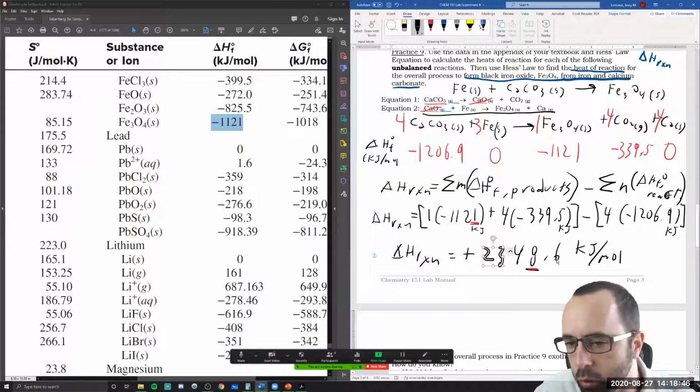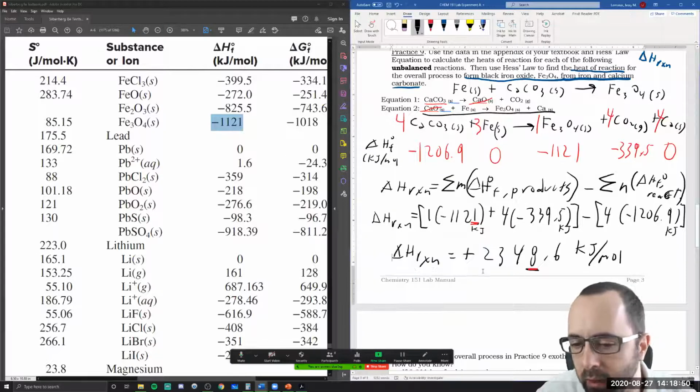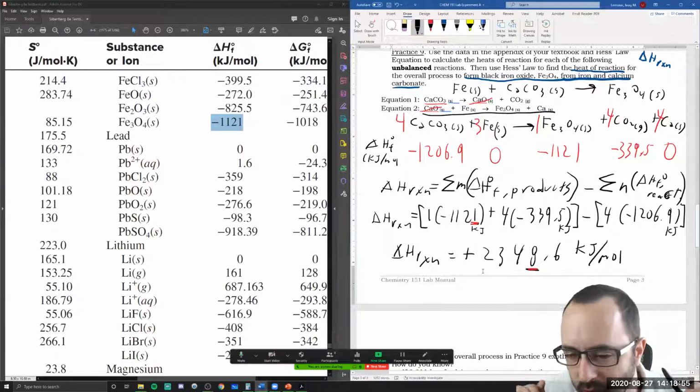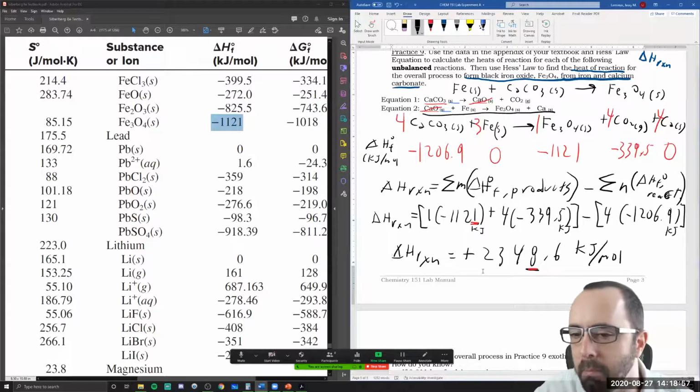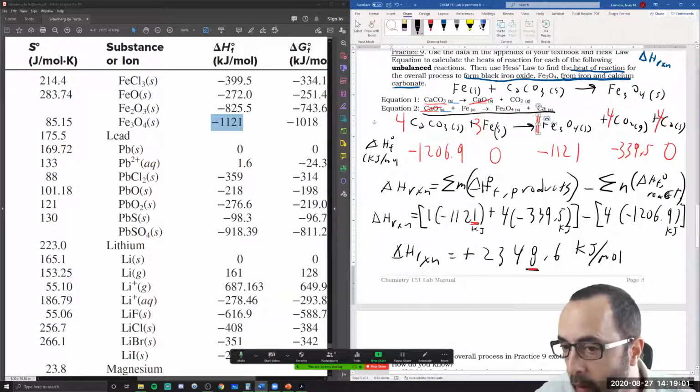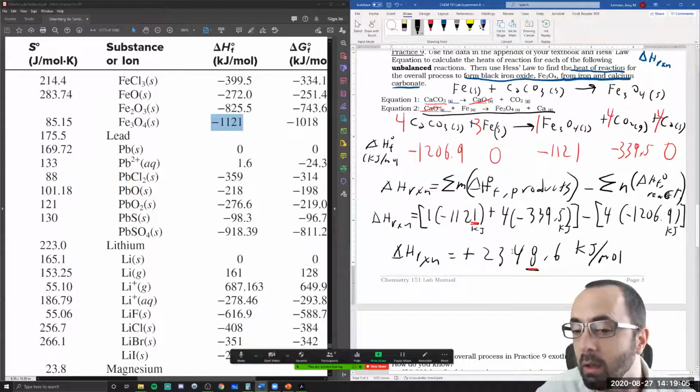2348.6 kilojoules will be absorbed. And this will be absorbed because this is a positive delta H. This indicates an endothermic reaction. You must put energy in to make it happen. Every time 1 mole of the black iron oxide is produced, 2,348.6 kilojoules must be absorbed by the reaction.